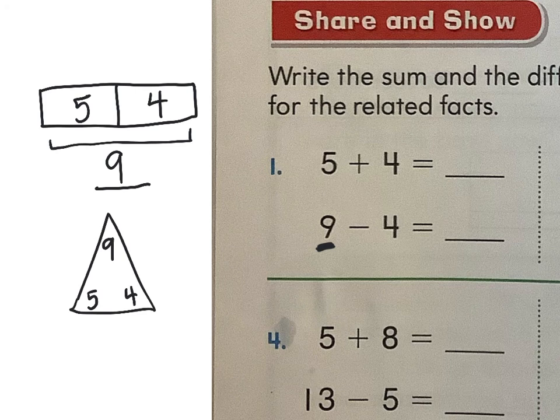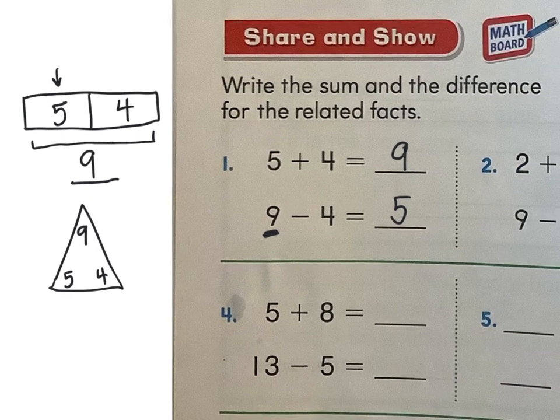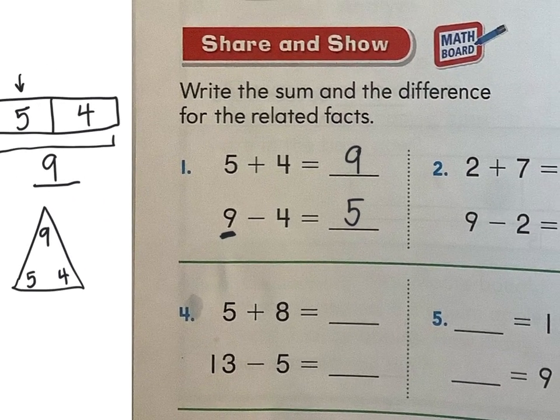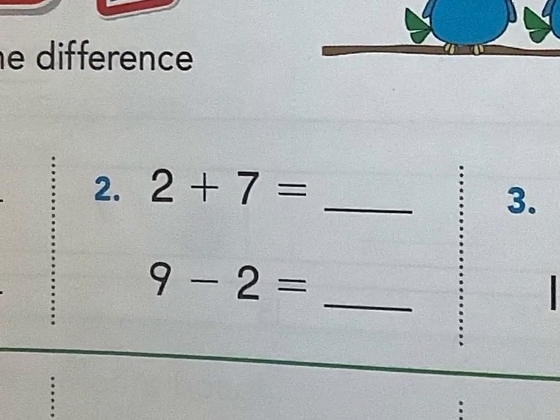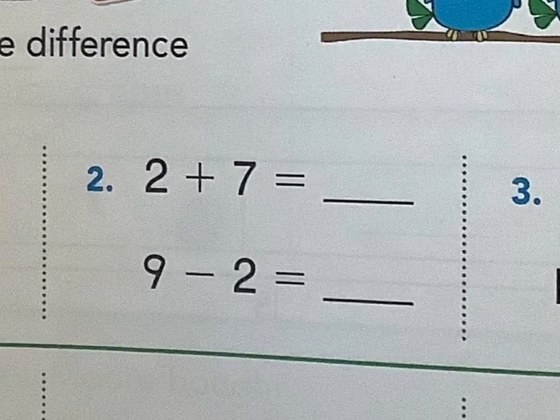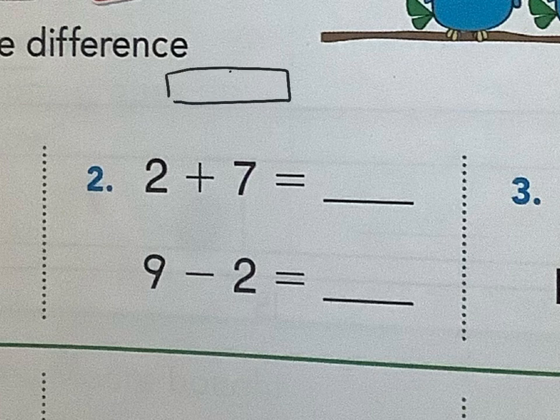So 5 plus 4 equals 9. 9 minus 4 equals our other part, 5. So notice how the two number sentences use the same 3 numbers.